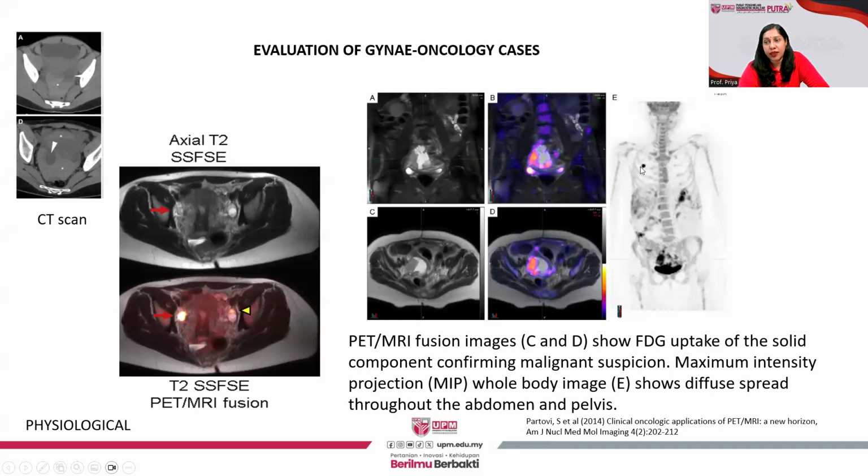And on the MIP image, we can see multiple other uptakes in distant areas indicating nodal metastasis of the primary ovarian cancer. So these are examples of how there is improved soft tissue resolution in PET-MR acquisition, with further potential for reduced radiation dose if a PET-MR hybrid scanner is utilized.